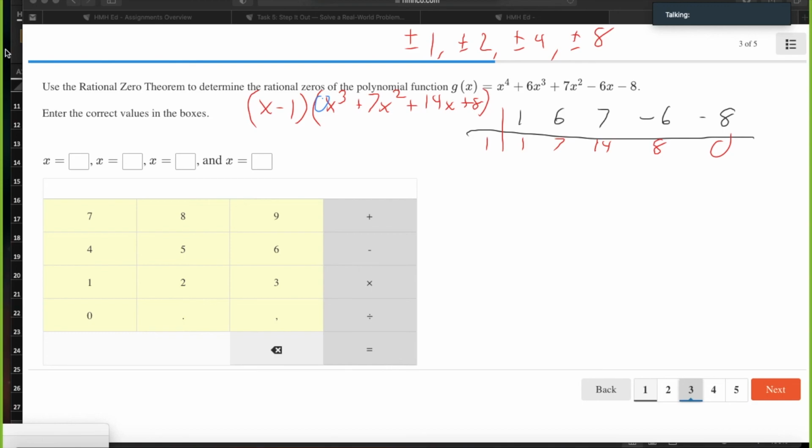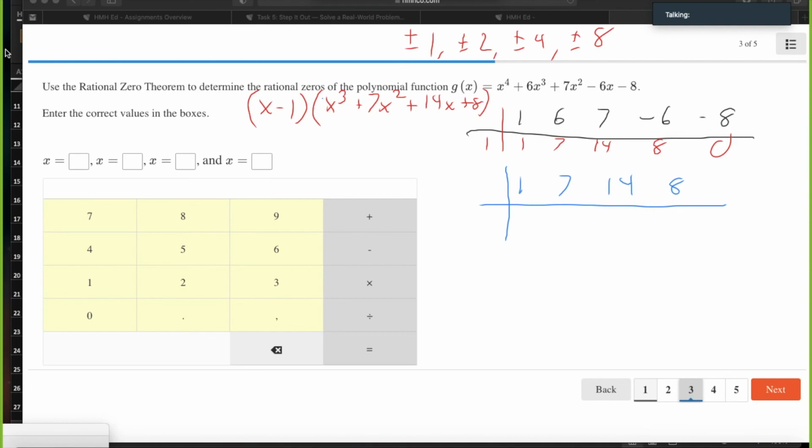Thank goodness. This guy is 8, and so we can do our same thing all over again. So we've got 1, 7, 14, and 8. So we've already done 1.